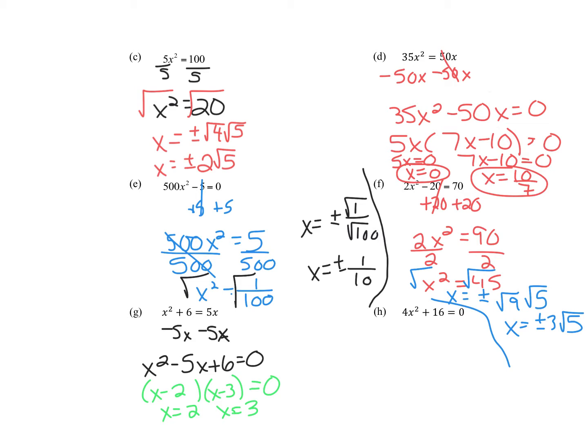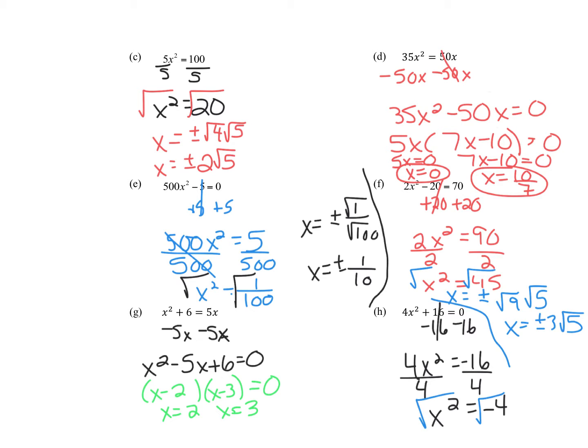My last one is incomplete. No B term, so I'm going to subtract 16 and divide by 4. But things are already not looking good, right? Because when I take a square root, I know I can't take a square root of a negative.